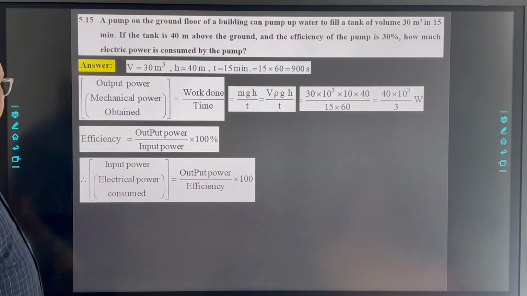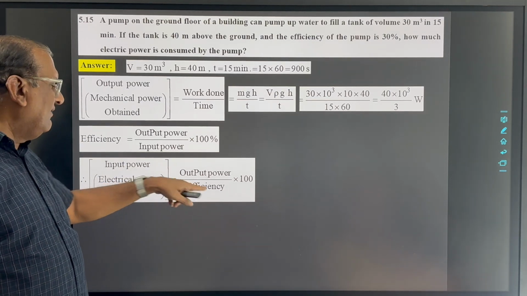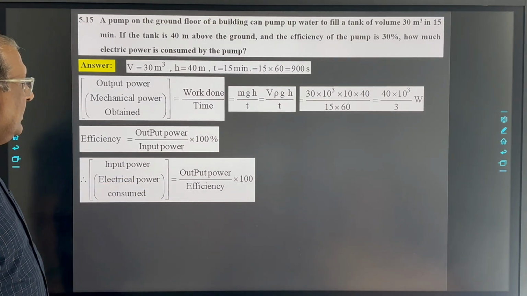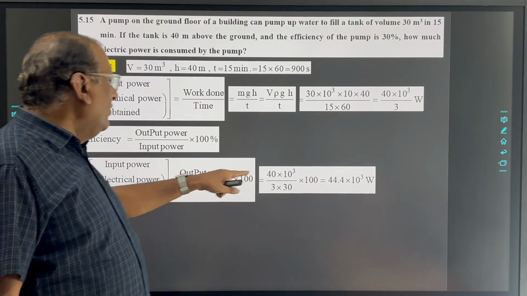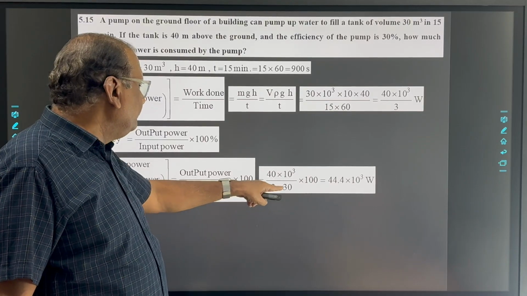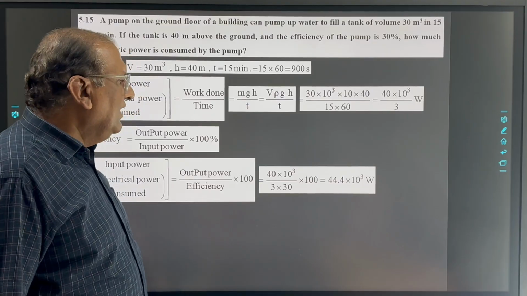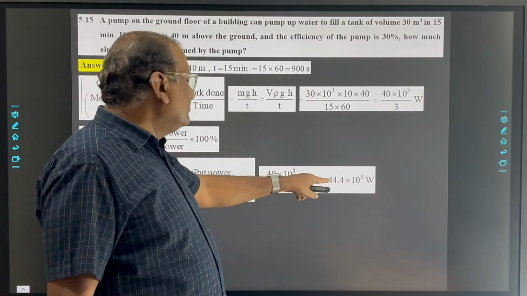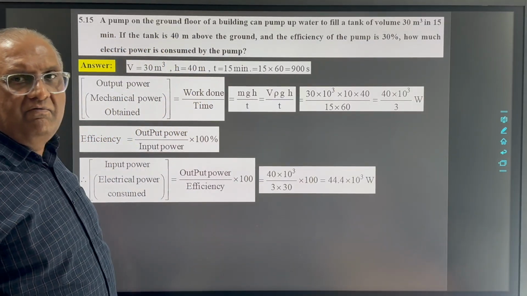So input power, that is electrical power consumed, is output power upon efficiency into 100. Output power is 40 into 10 raised to 3 by 3, into 100 upon 30. So it comes to 44.4 into 10 raised to 3 watt.